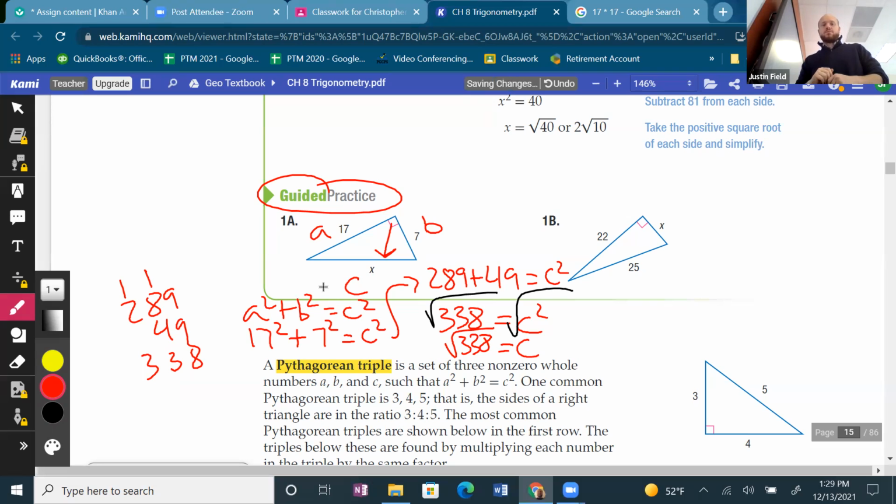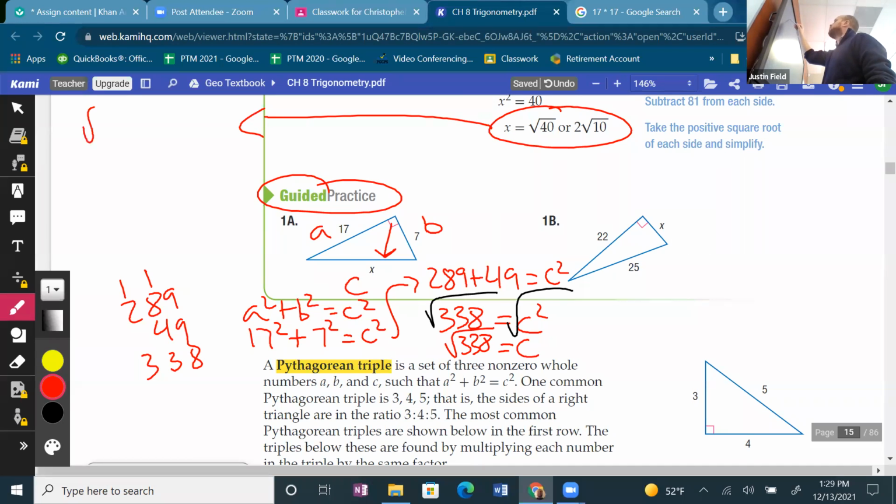Now, on IXL, they're going to make you simplify your square roots. So you see up here, the square root of 40 is equal to 2 times the square root of 10. What in the world is that about? So let's start with that. The square root of 40 is equal to the square root of 20 times the square root of 2, right? Because 20 times 2 is 40. And then the square root of 20 is equal to the square root of 10 times the square root of 2.